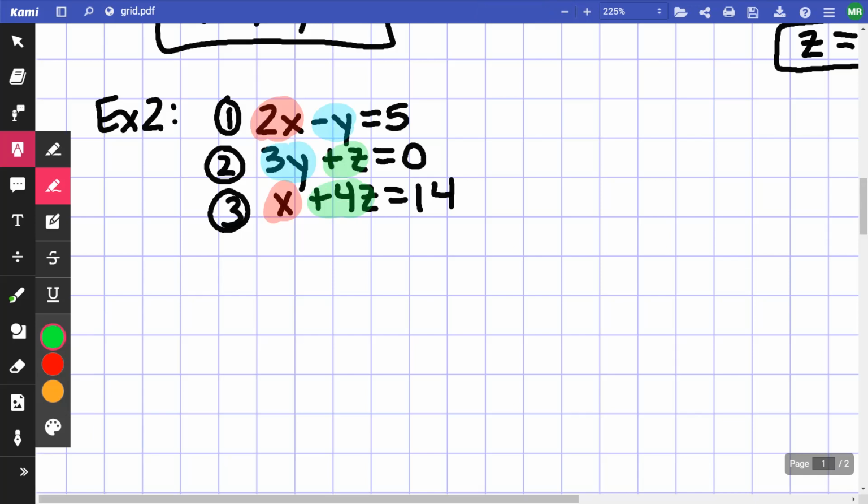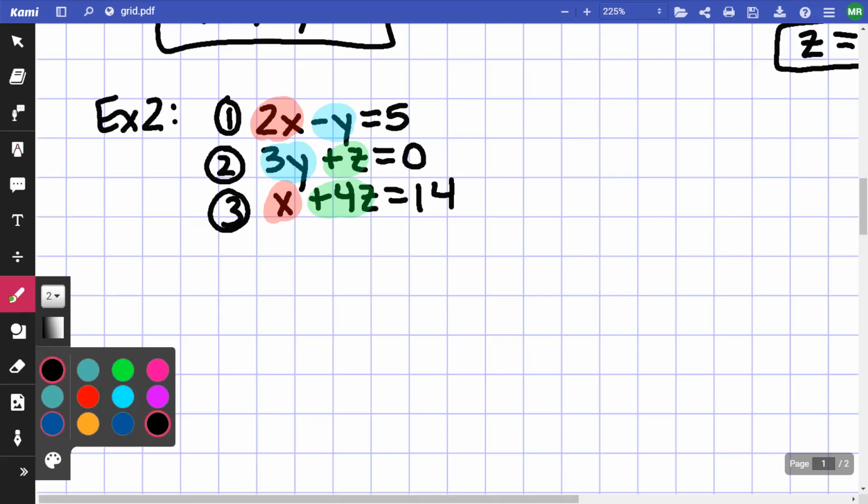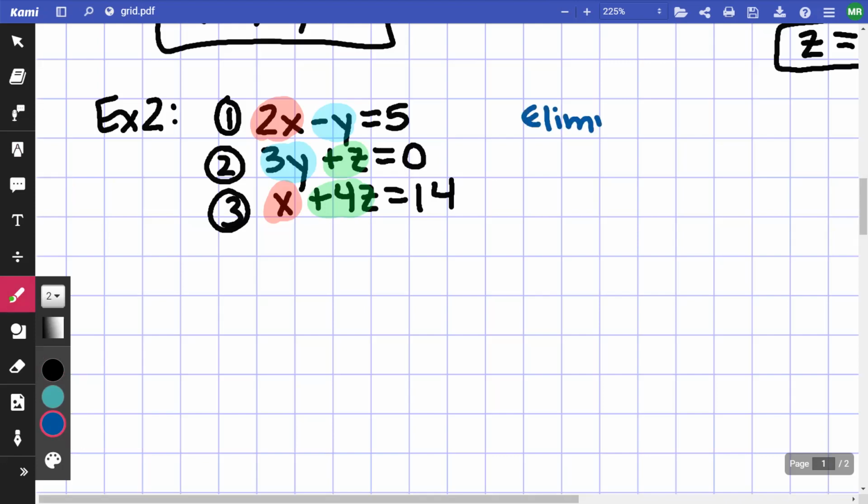So I'm either going to eliminate my x's, my y's, or my z's. So let's say that since my y is negative, maybe I try to eliminate my y's. It doesn't matter, I can do any of them, but let's say that we want to eliminate y.